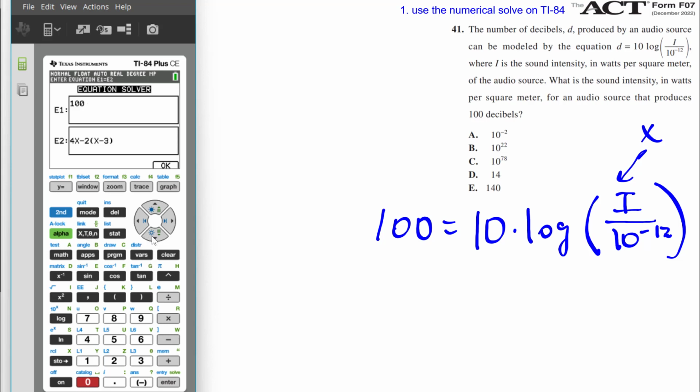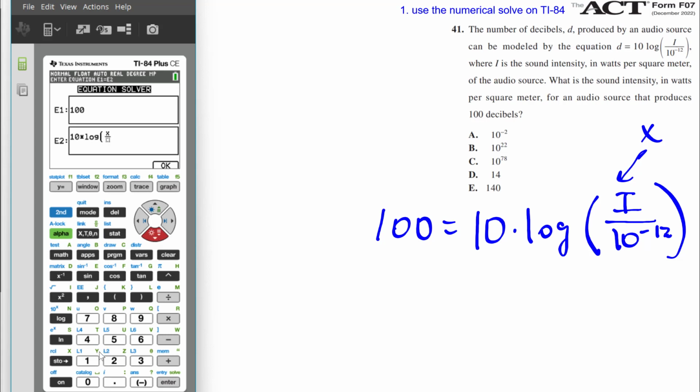And then I'll press the down arrow and clear that out and type in the right-hand side expression, 10 times the log key. And then I'm going to need the quotient, the rational expression, so alpha and then the n gets me the quotient. Again, in place of I, I'm going to type in x.